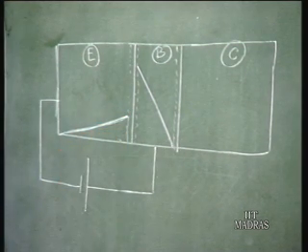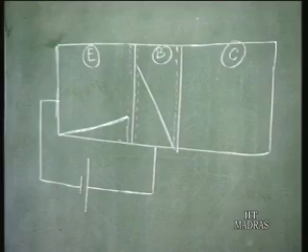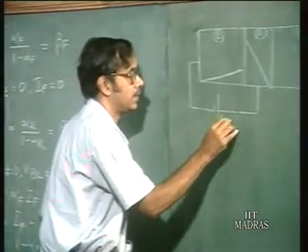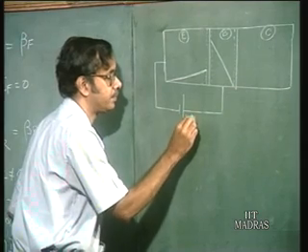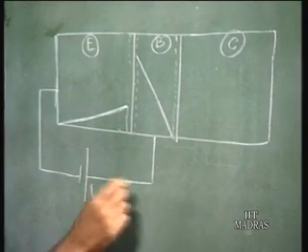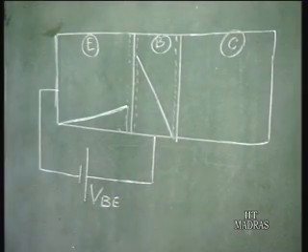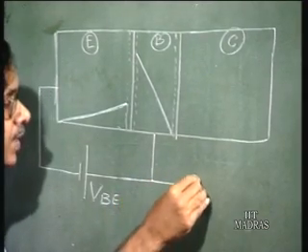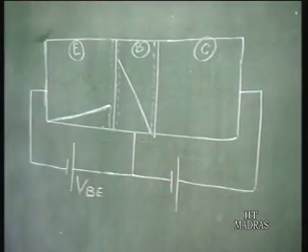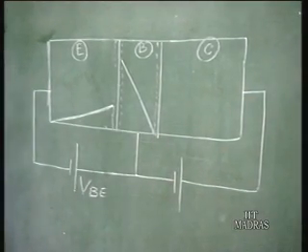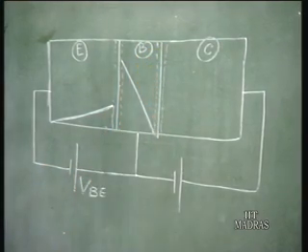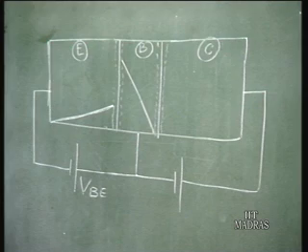So, this is the charge profile if you forward bias the emitter base junction, and this is the emitter base voltage VBE. And then suppose this base collector junction is also forward biased, then what happens? Okay, you will have a similar situation.